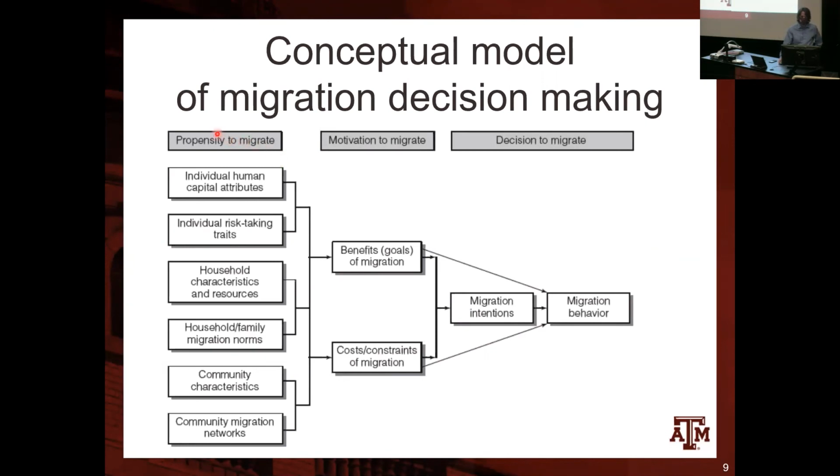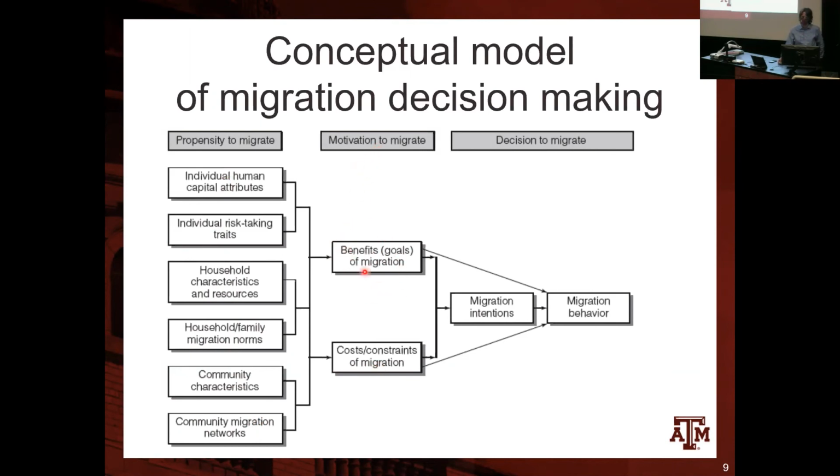And overall, there are all these different characteristics that make people more likely to migrate. Those could be individual characteristics, household characteristics, or community characteristics. And they all influence our positive factors that motivate us to migrate, or they create some costs and constraints that diminish our motivation to migrate.